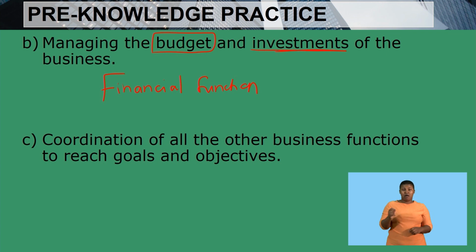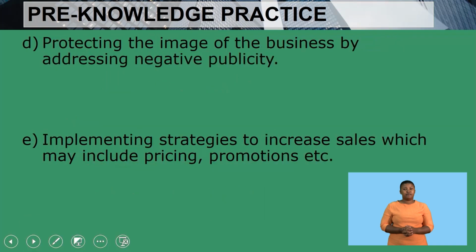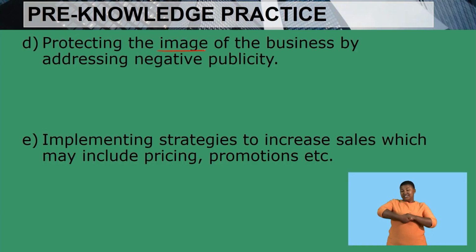C, coordination of all the other business functions to reach our goals and objectives. So who is responsible for coordinating all the other functions? Of course, the general management. It is their job to make sure all the other functions are doing their job and reaching their goals for us to be successful. So there we have it. Number D then, protecting the image of the business. So when we protect the image of the business or create a positive image of the business, and it also states by addressing negative publicity.